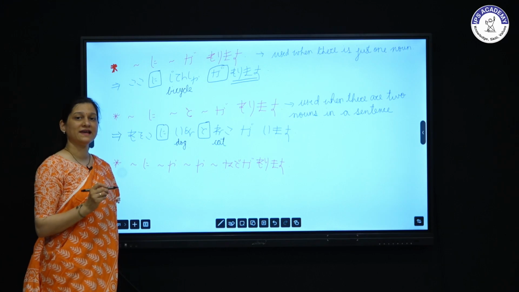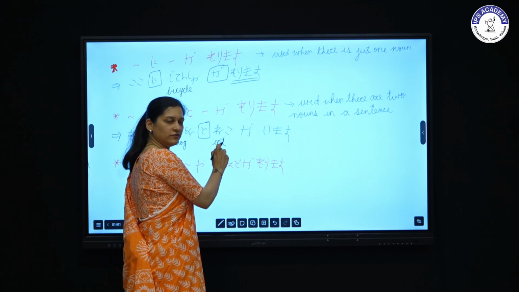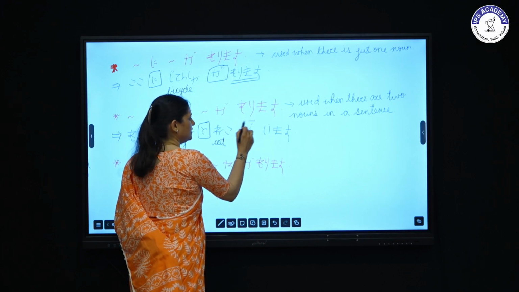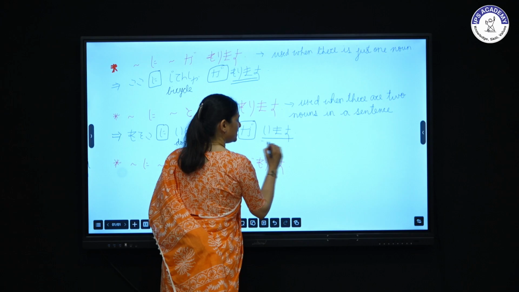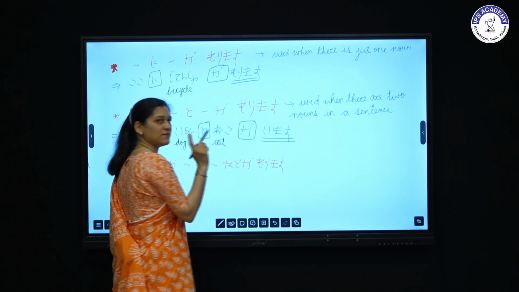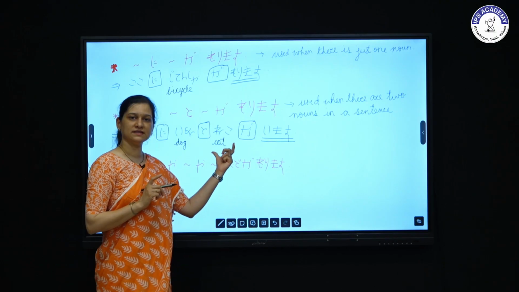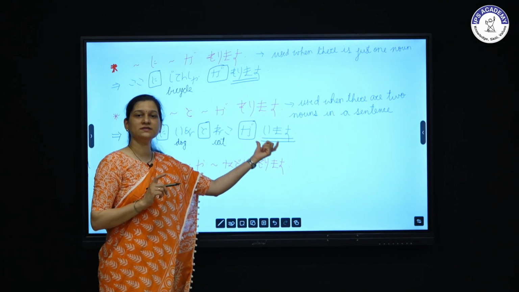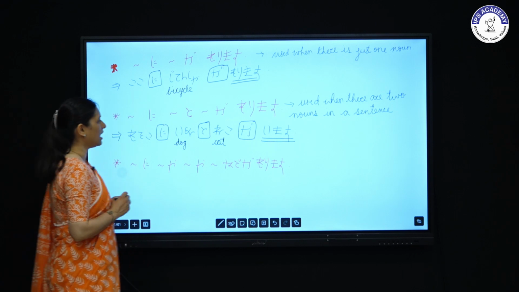To particle is used like and. These are the nouns or the objects of our sentence. So, we'll use ga particle after them. And at the end, we are using imasu and not arimasu. Why? Because dog and cat are living beings. So, for living beings, we use imasu. Wakarimasu ka? Daijoubu desu.